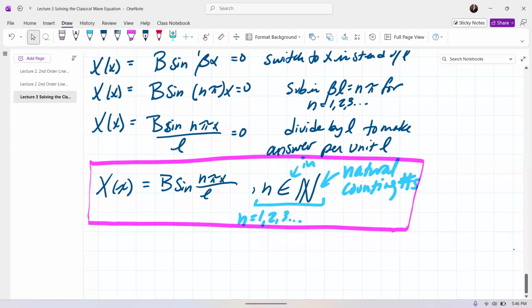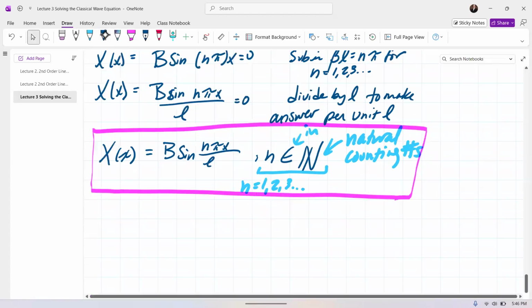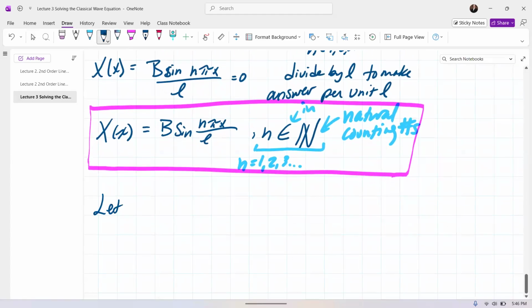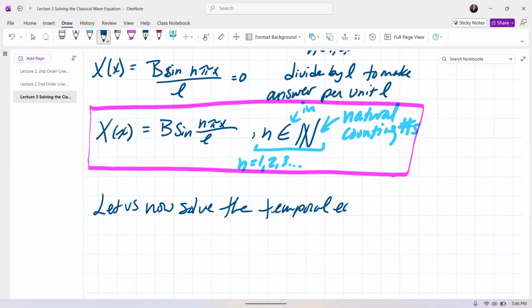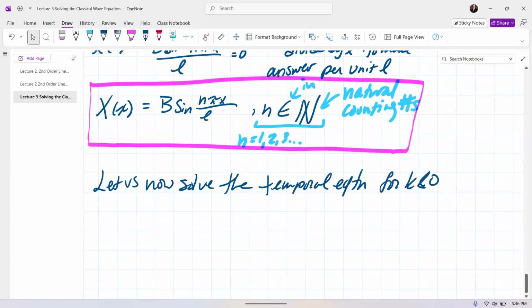All right, so what we're going to do is solve the temporal equation, for k is less than 0. Okay, so we go back to our separated part. Again, we have the ordinary differential equation, right?